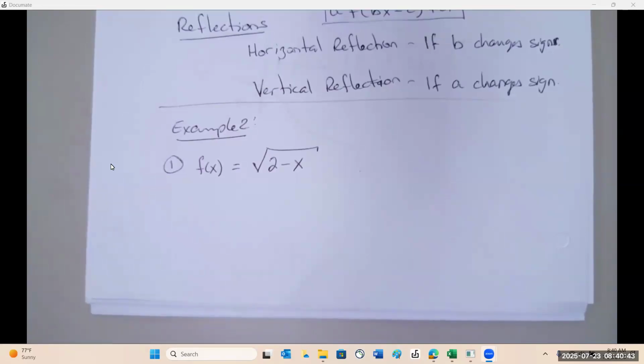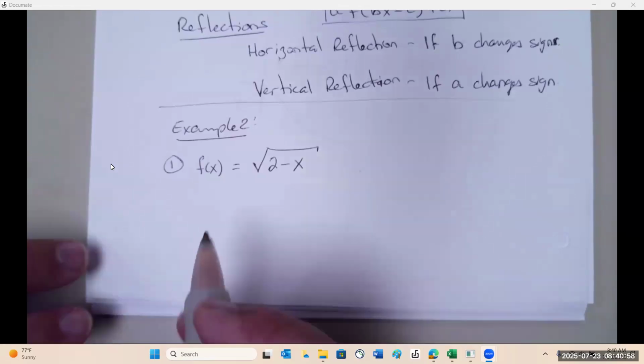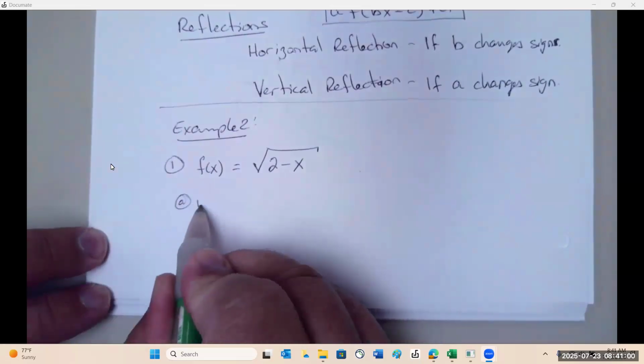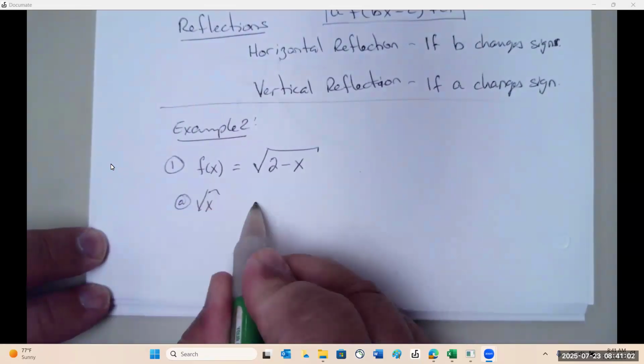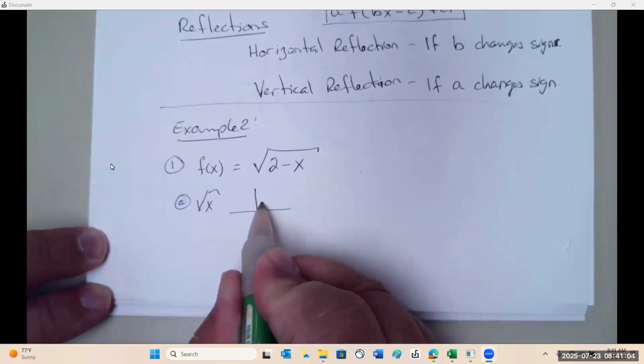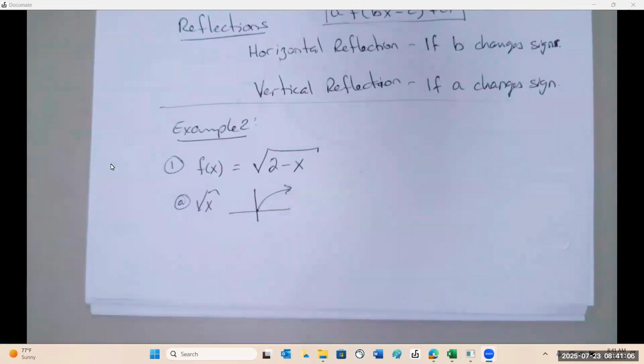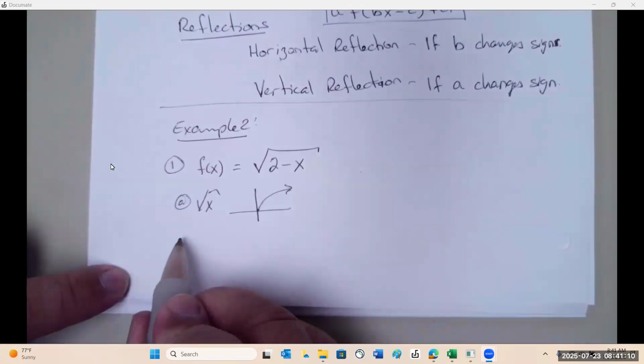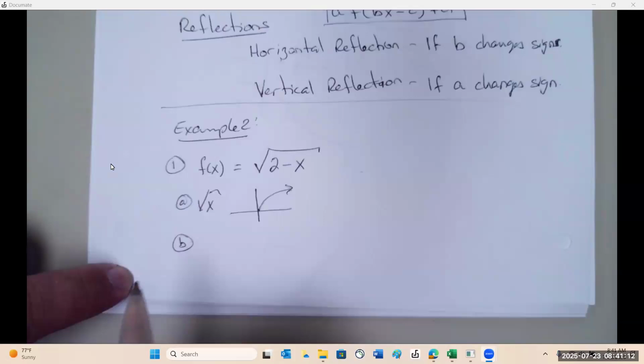What do we notice about this one? Right, the function is the square root of x. So we know the basic function looks like this. What's the next thing we notice? We observe.